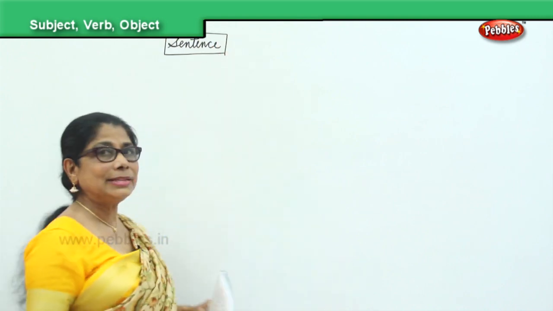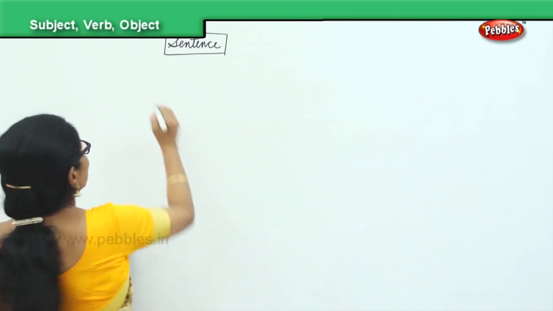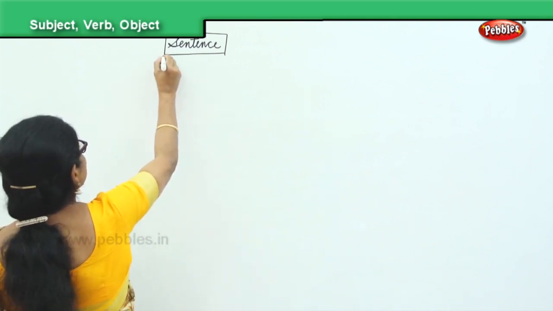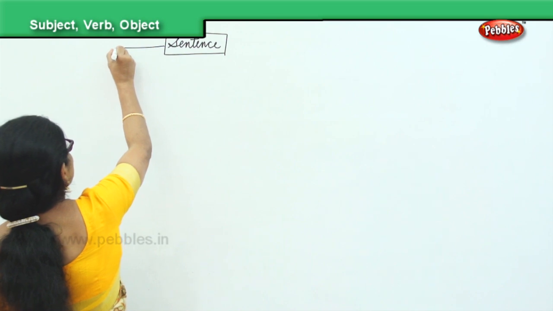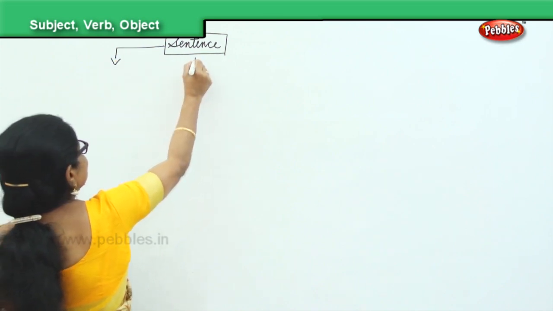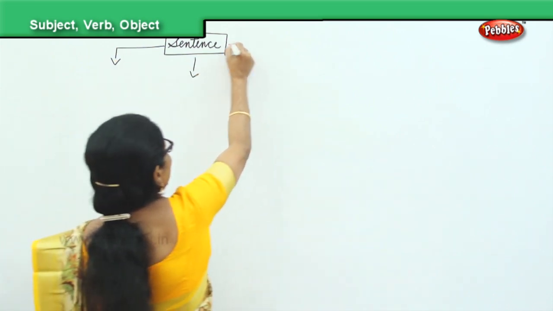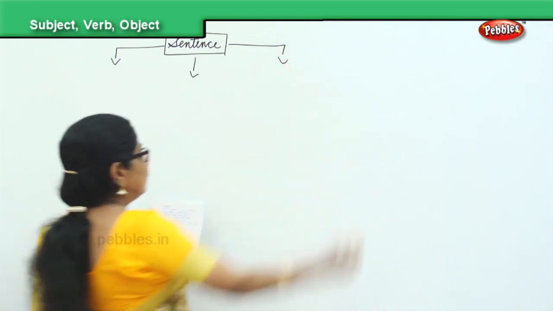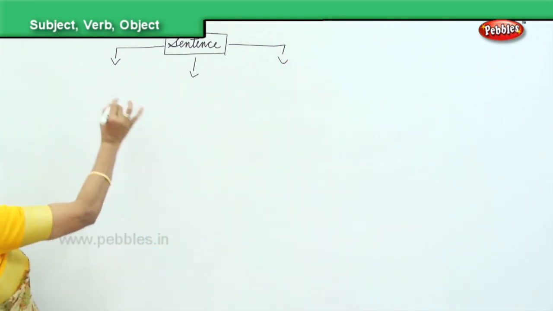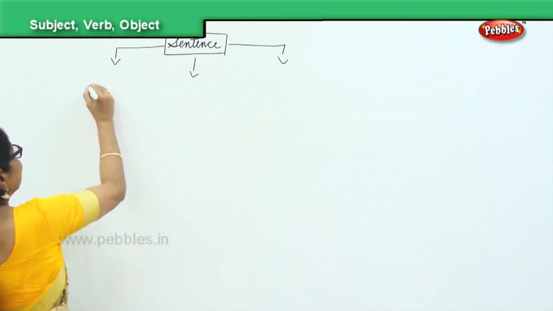A sentence has got three parts. Okay? It has three parts: the first part, the second part, and the third part. First, we would say every sentence has a subject.